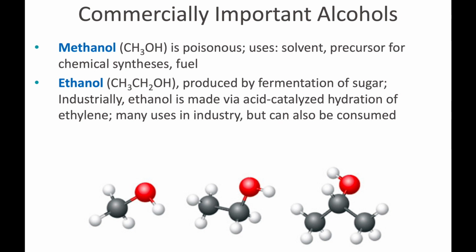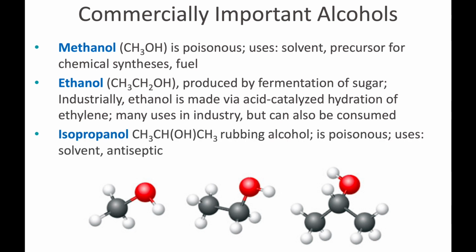But industrially, ethanol is made by reactions we've learned in previous chapters, which is the acid-catalyzed hydration of an alkene, more specifically, of the 2-carbon alkene, ethylene. It has the same uses in industry as methanol, but what makes ethanol stand out is that it also can be consumed. As we have seen before, it is the primary ingredient when you drink.